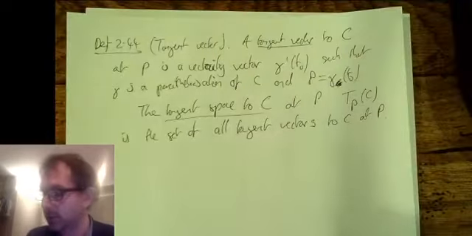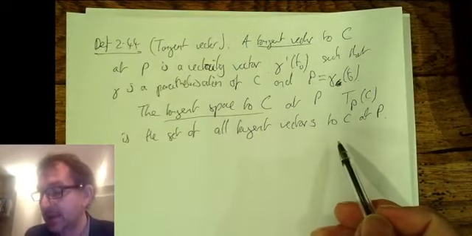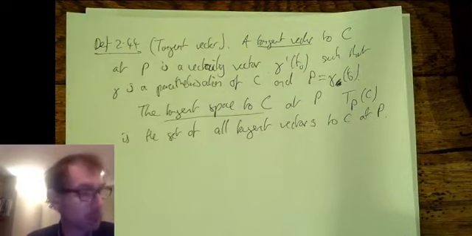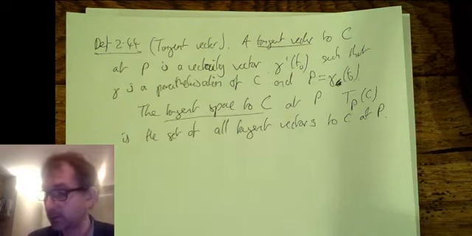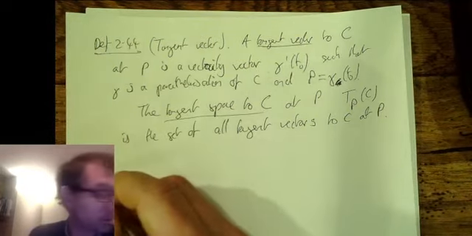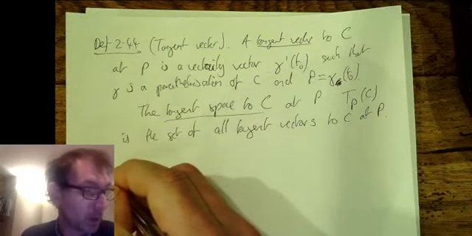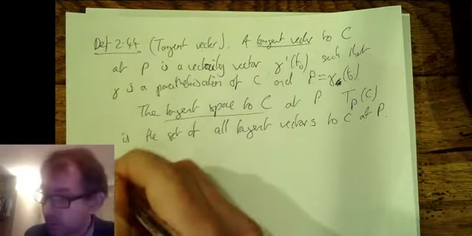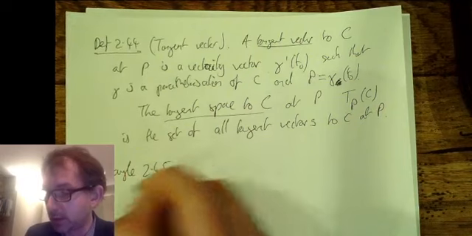So it's certainly true that this tangent space is something in the ambient n-dimensional space A^n. What isn't so obvious is why it should be a subspace of it, or why it should be one-dimensional. But that is in fact true. Okay, so before we go any further, let's do an example.